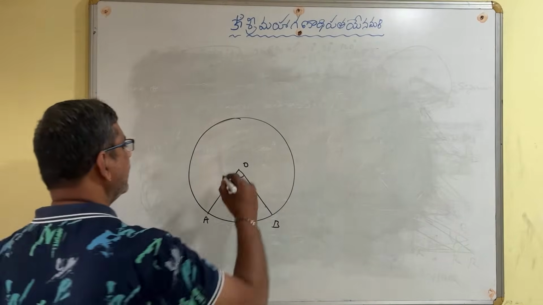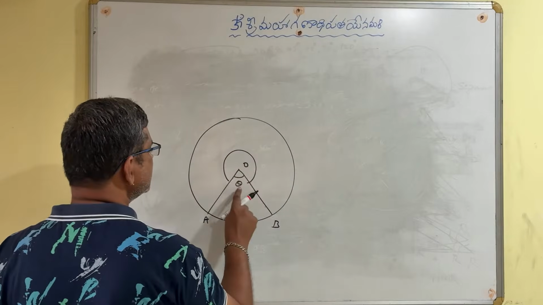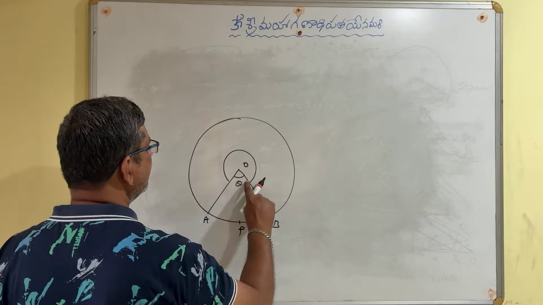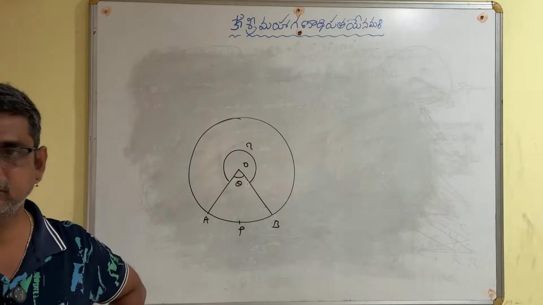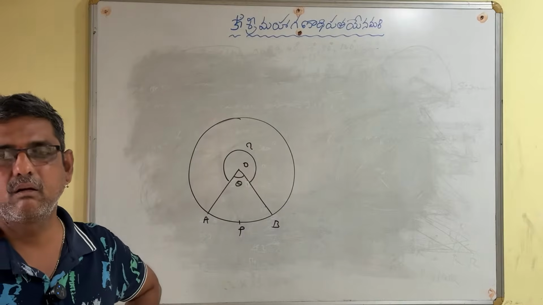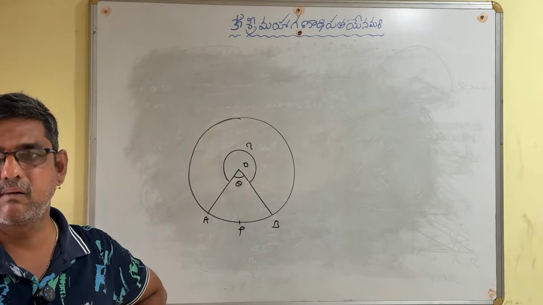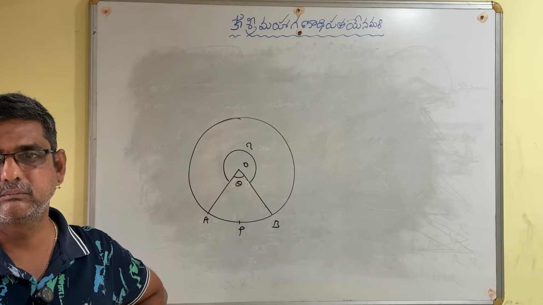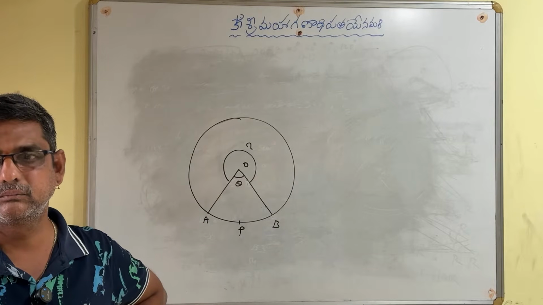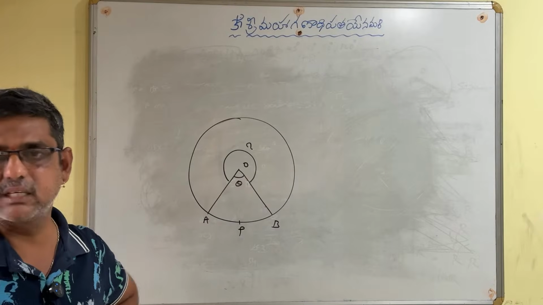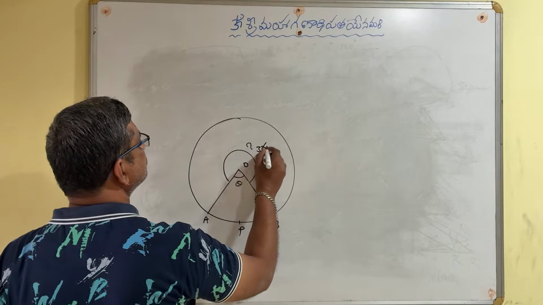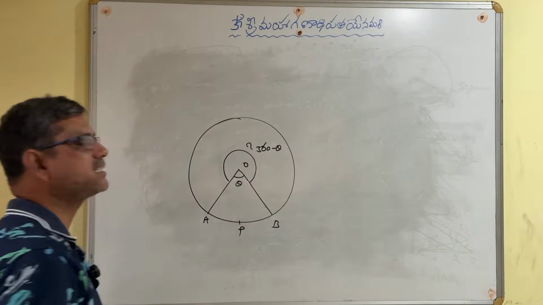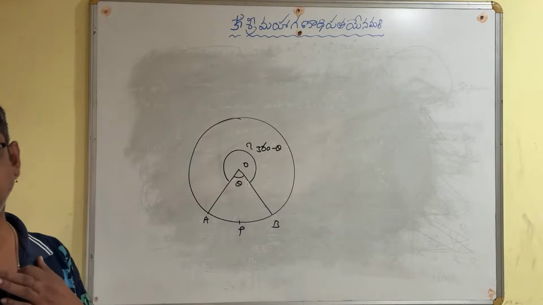If this angle is theta, can anyone say what this other angle is? 360 minus theta. Very good.